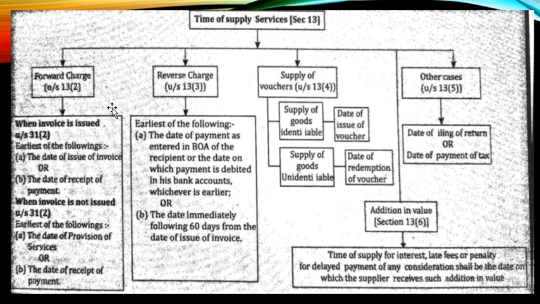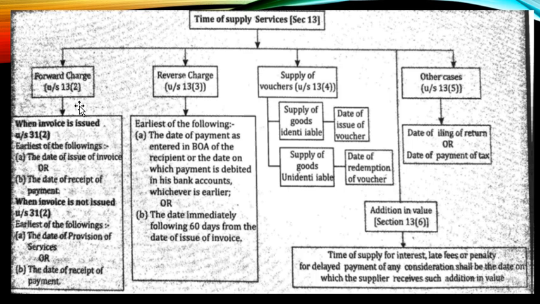Now you would have got confused. What is forward charge and reverse charge? Forward charge is where the tax is paid by the supplier. For example, when I sell goods, the customer buys the goods and I give an invoice to them.